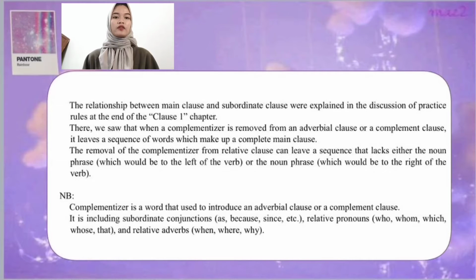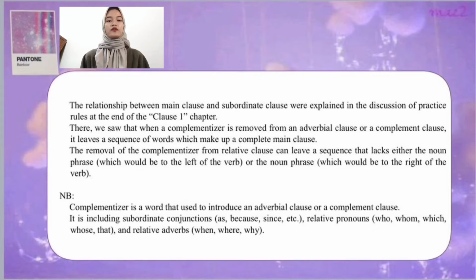The removal of the complementizer from a relative clause can leave a sequence that is like either the noun phrase which will be to the left of the verb, or the noun phrase which will be to the right of the verb.